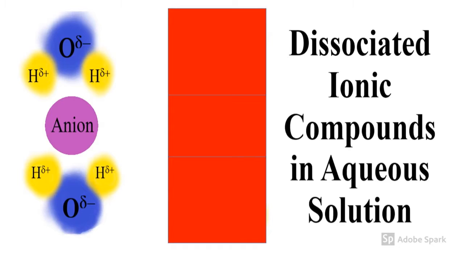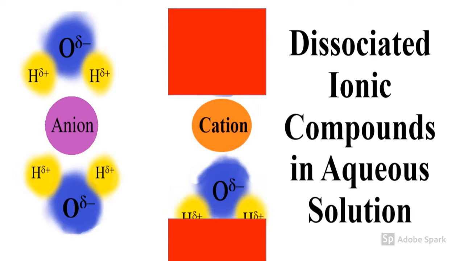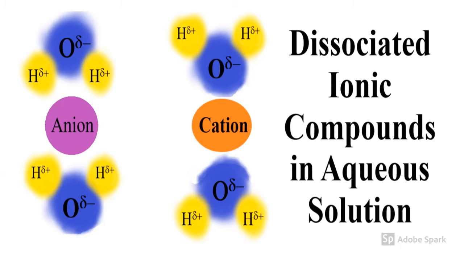As you can see, the positive ends of these water molecules are on either side of the anion. With the cation, it's the same thing, except the opposite way, because cations are positive, so the negative part of the water, or the solvent, will surround the ion.